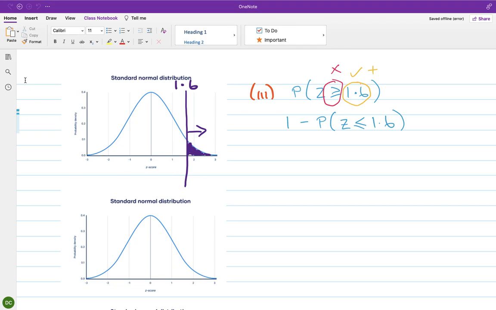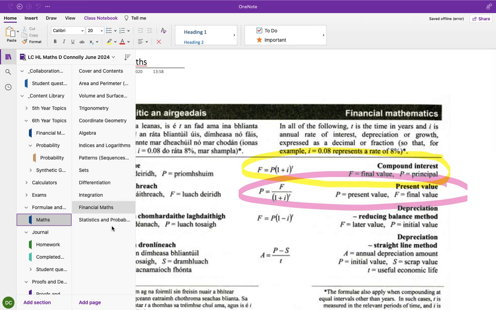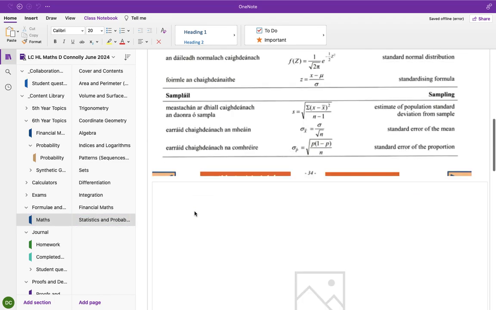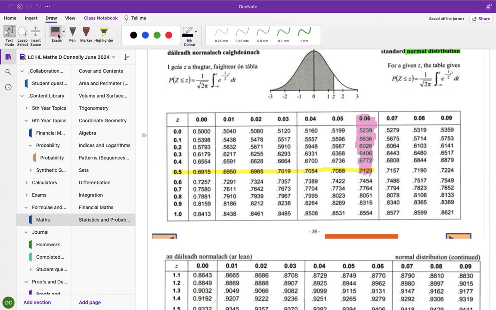So 1.6 is my probability, so I'll go in here, down to my normal distributions. So 1.6.